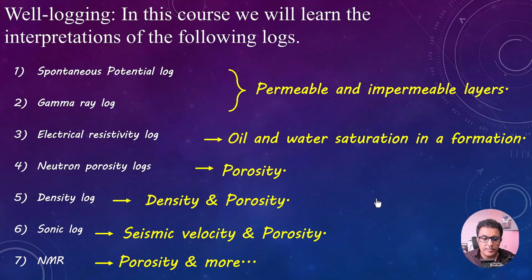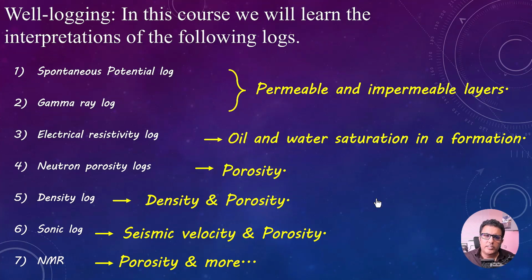And then, as you see here, we're going to have neutron porosity log, density log, sonic logs, and also nuclear magnetic resonance, or NMR. All of these 4 logging tools are used to estimate porosity.